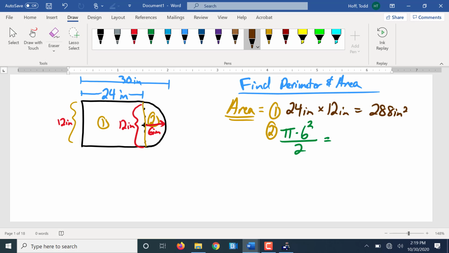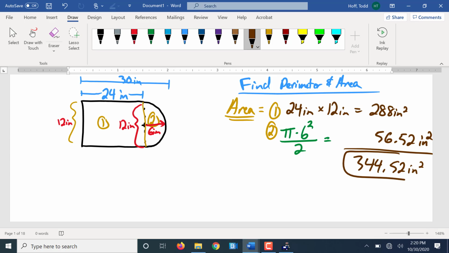But you get 56.52. Yeah, if it was circumference, that works. But for area, because it's a radius squared, you can't just cut the radius in half. So that adds up to, what, 344.52 square inches. Perfect. So there's our area.